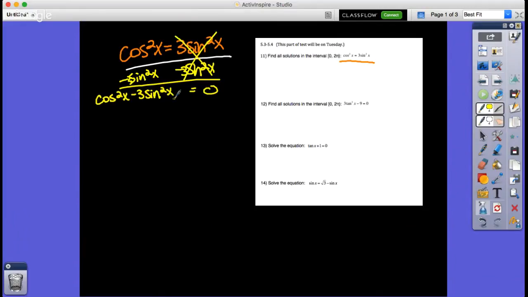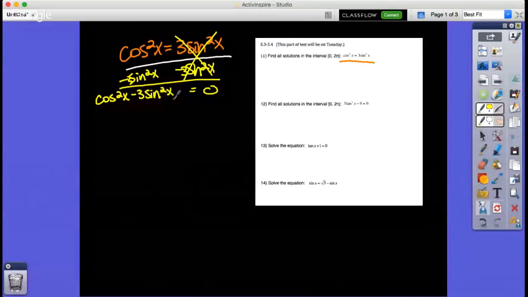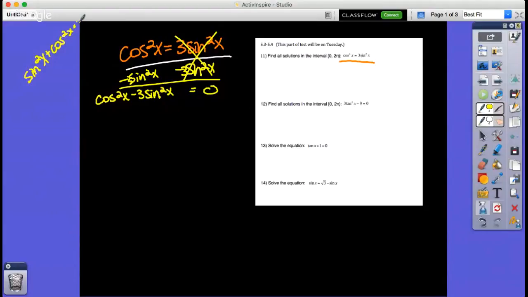Now, is there anything I can do on that left side to be able to speak the same language? What I could do is change cosine or sine, because I remember that one of my identities was sine squared x plus cosine squared x equals 1, okay? So what can I do to rearrange this? Well, to get cosine squared by itself, I can subtract sine squared x from both sides.